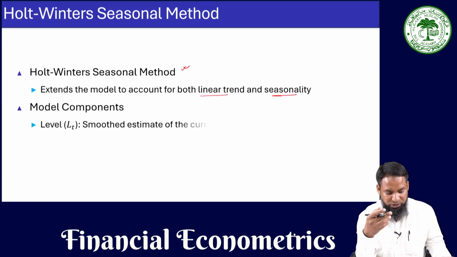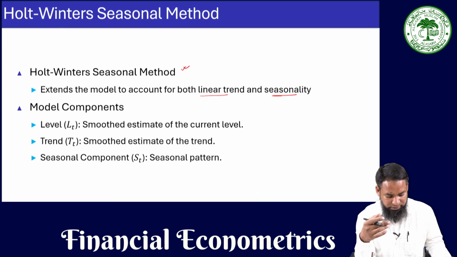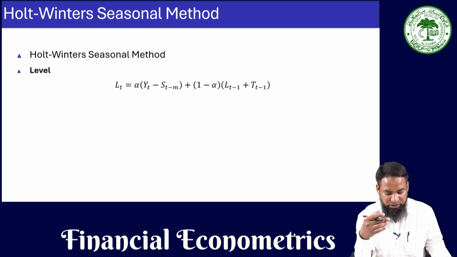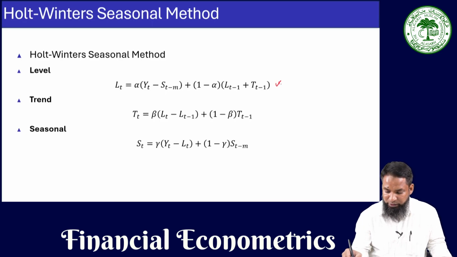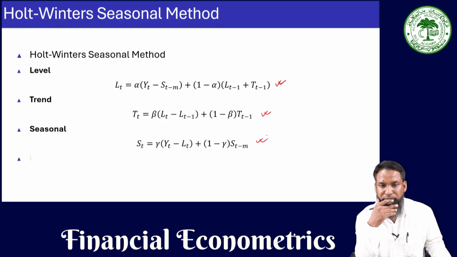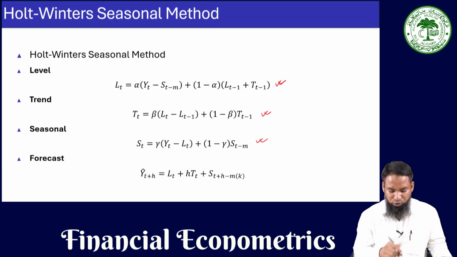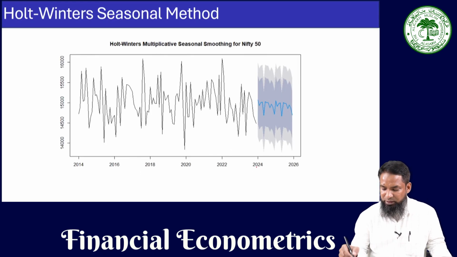So the model has three components, and these are given using these formulas: the level uses this, the trend uses this, and the seasonality uses this. Then the forecast can be computed using this. So what we can say here is that we have this forecast.